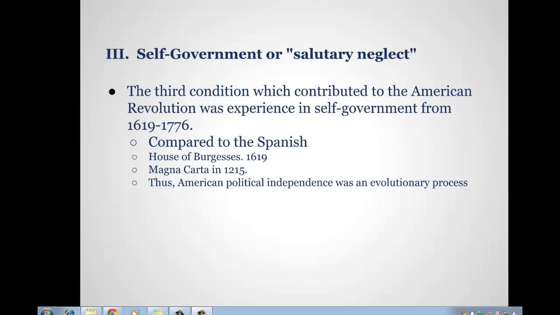It's that this is a long culmination that has developed through the American environment, through enlightened ideals, to this phenomenon of salutary neglect or self-government.